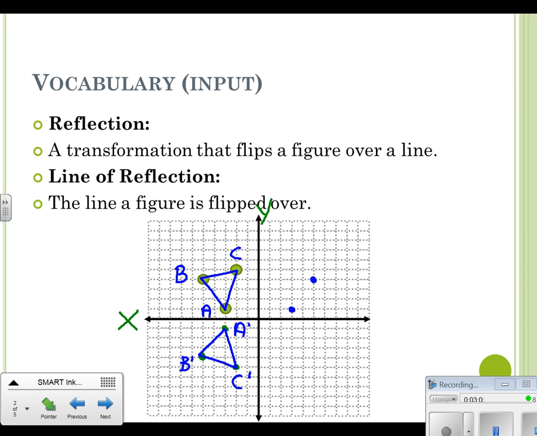And the C was 2 to the left of that y-axis, so it's going to be 2 to the right. I'm going to change the colors here of these points. Okay, so we flipped them over now on the y-axis, so this is A double prime, this would be B double prime, and C double prime. And so you can see here the reflection that was made over the y-axis.